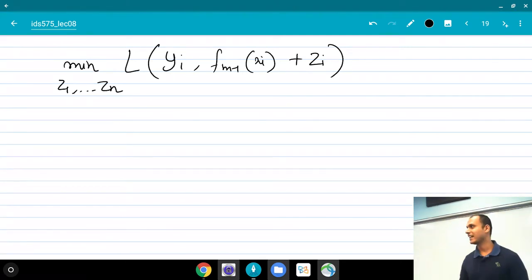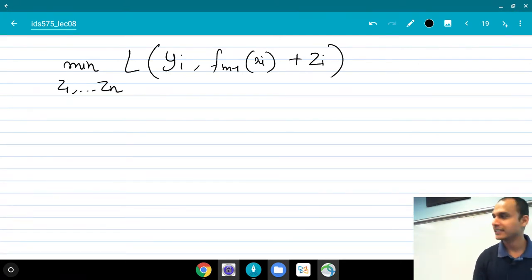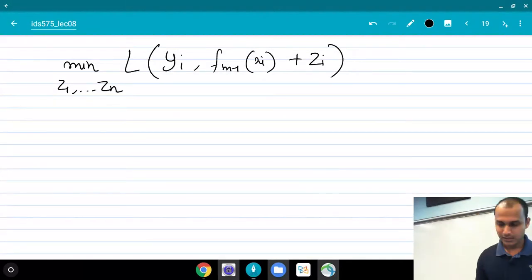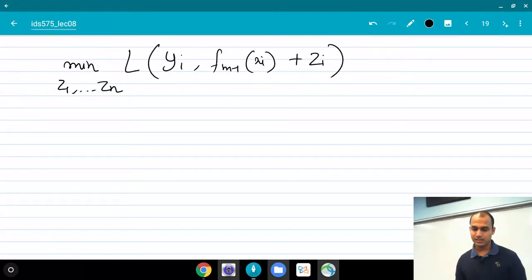It's a little bit of a hand wavy thing, because this is fine as long as I say zi is equal to b of xi comma theta, but I'm not saying that.